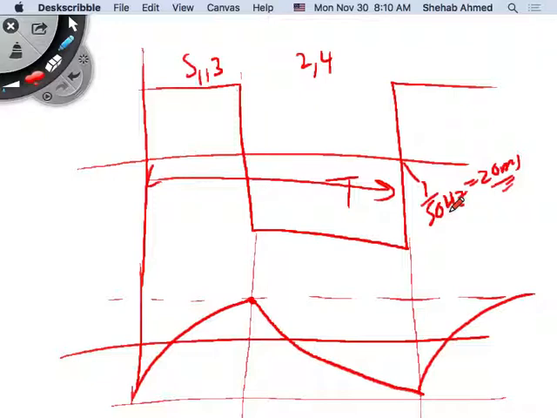So switching losses, we said, are proportional to switching frequency, right? It's the voltage times the half base times the height of that triangle, multiplied by the switching frequency. So here the switching frequency is so low, which is great. So you have very low switching losses. So this is a nice approach.